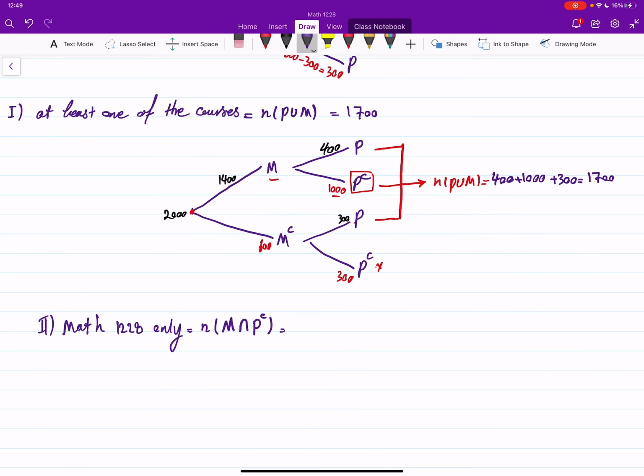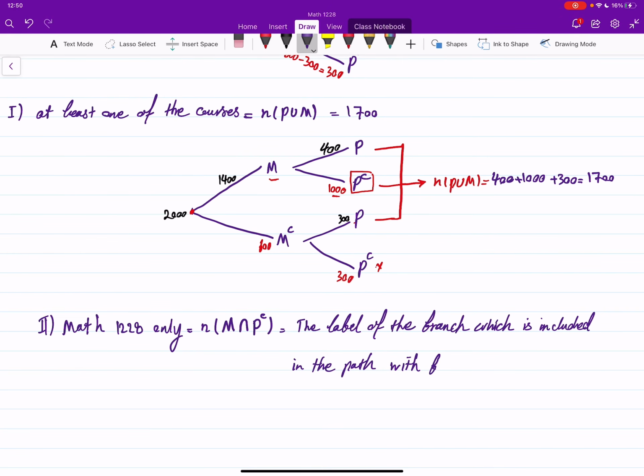The label of the branch included in the path with both M and P complement is 1000.